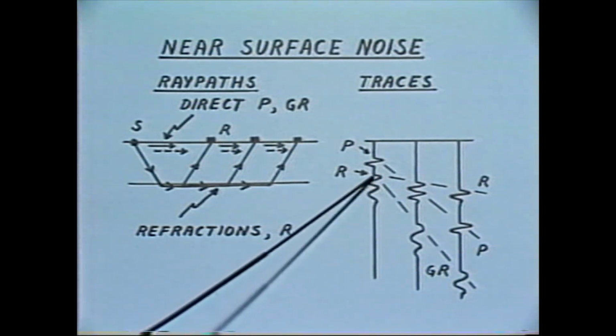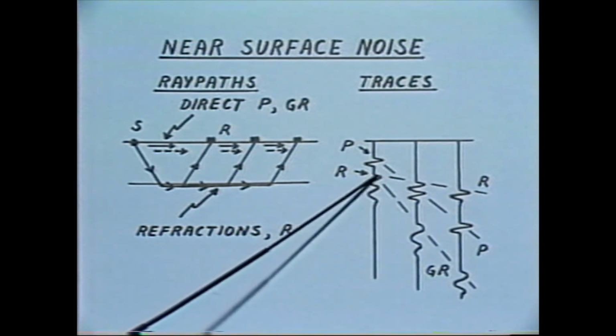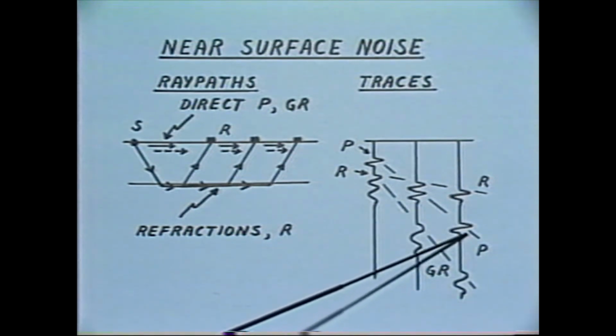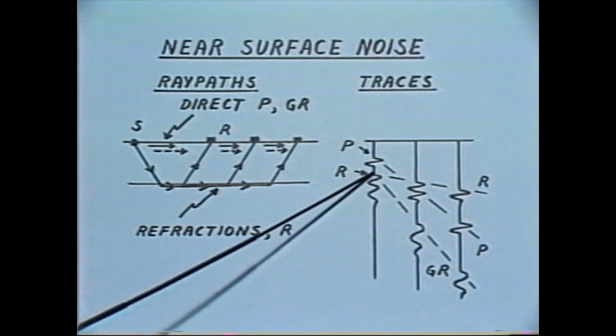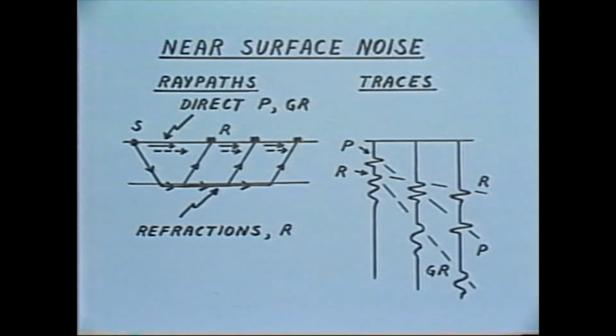So the refraction events again tend to lie in a straight line across the traces, but again with a different dip, so that they may arrive before the direct P-wave energy on the longer offset traces, but would generally arrive later than the P-wave energy on the near traces. So these are some of the forms of near-surface energy travel which result in what are called the near-surface noise modes on the seismic record. And again, those are types of events that we don't really want to see on the seismic data. We're only interested in the P-wave energy.